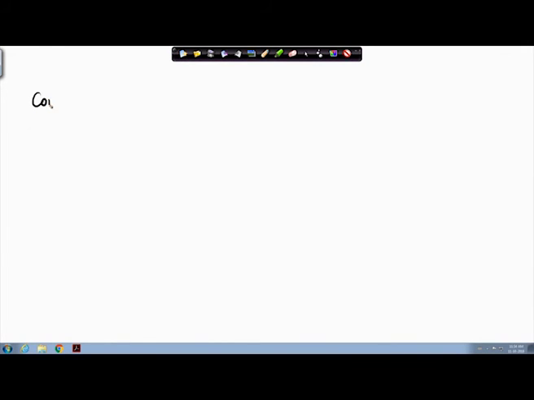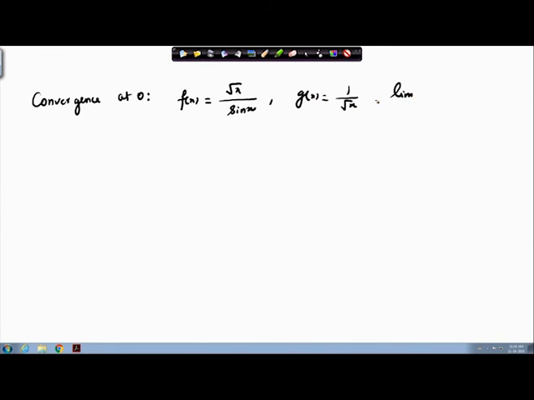We can check the convergence first of all at 0. In order to do that we consider our function f x equals root x by sin x and g x as 1 by root x, and then we take the limit of f x by g x as x goes to 0 positive, and we can see that this limit is basically 1.